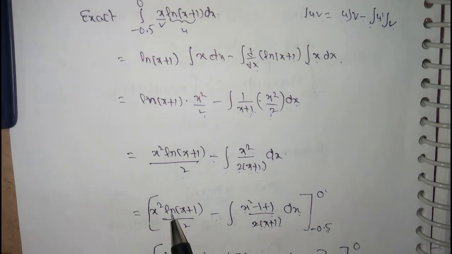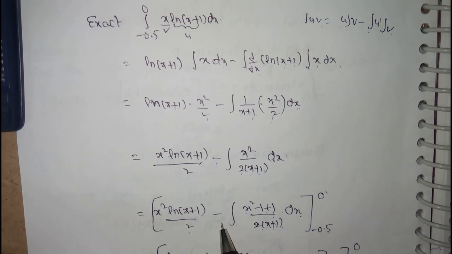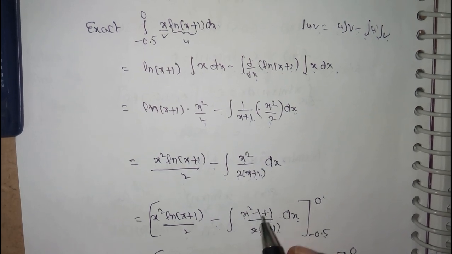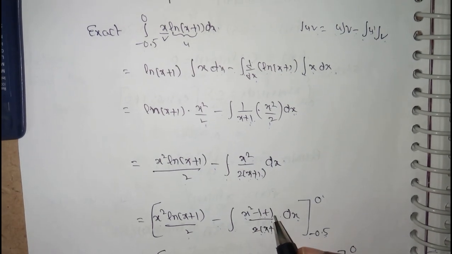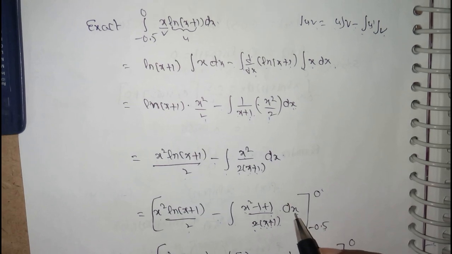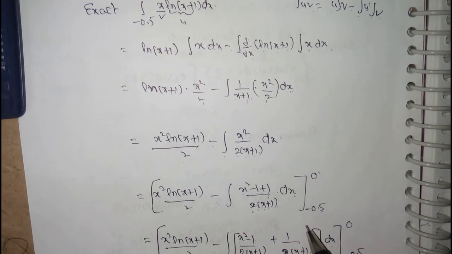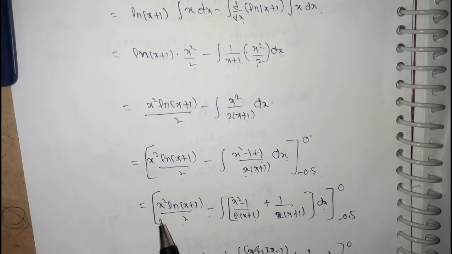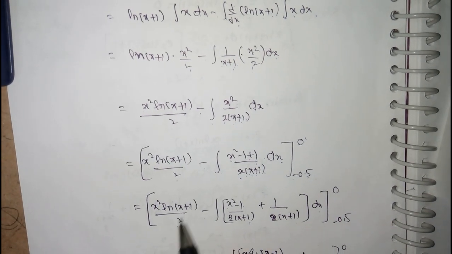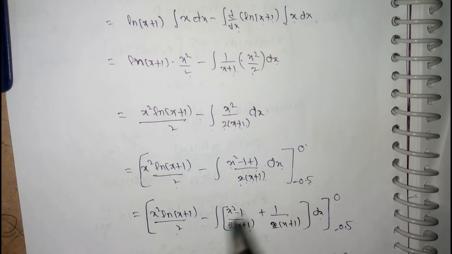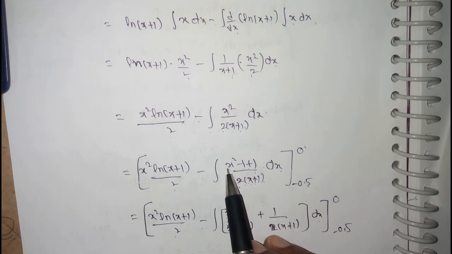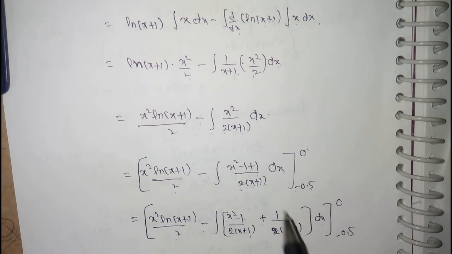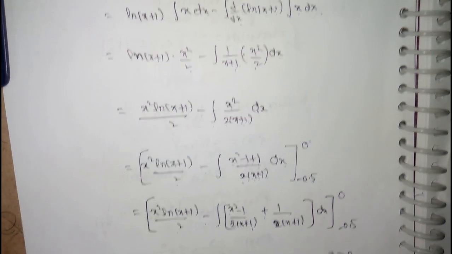Next, here I add and subtract 1, so we get (x square minus 1 plus 1) by 2(x + 1) dx. Write the limits, -0.5 to 0: x square ln(x + 1) by 2 minus, written separately, (x square minus 1) by 2(x + 1) plus 1 by 2(x + 1) dx.